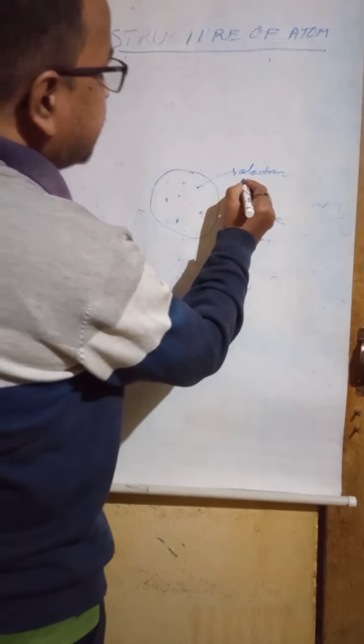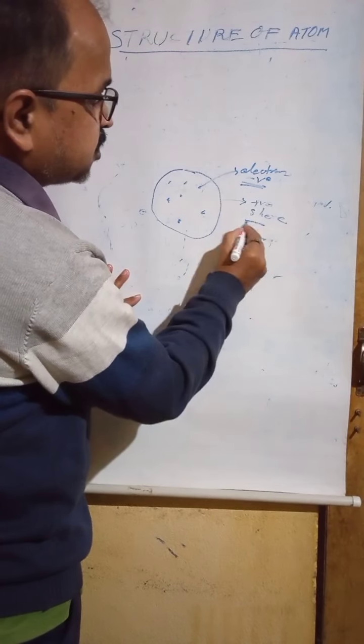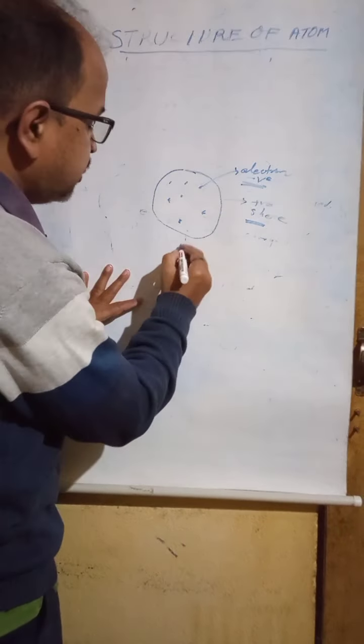The electron is negative. So this negative charge and this positive charge are equal in magnitude.